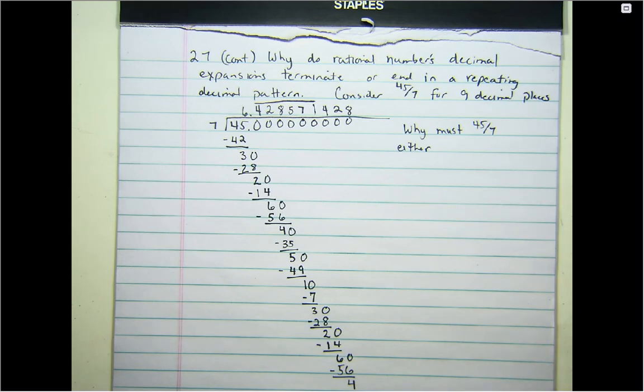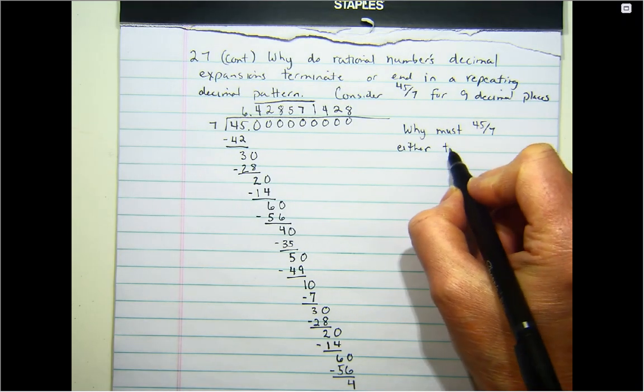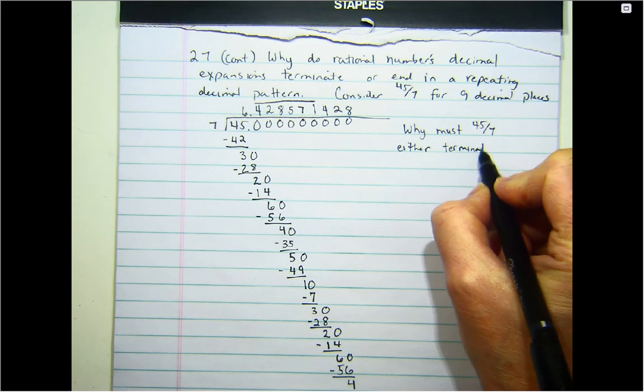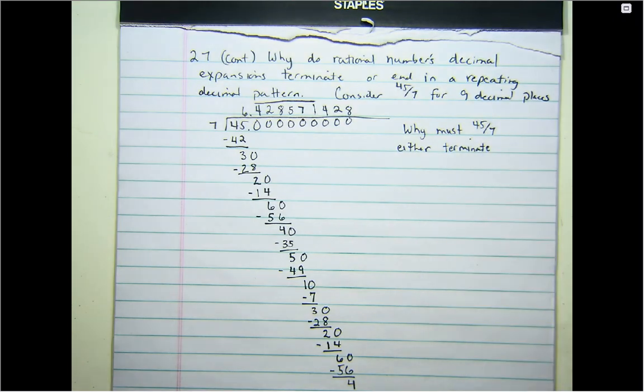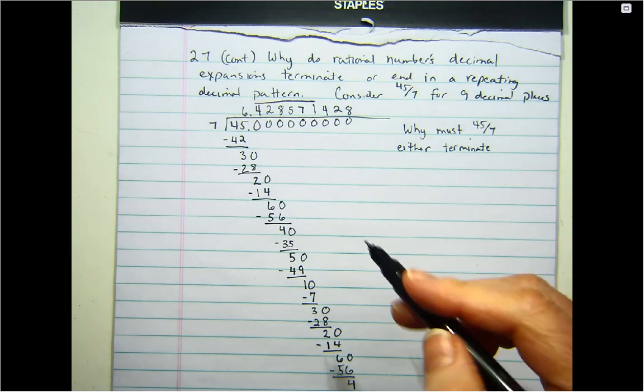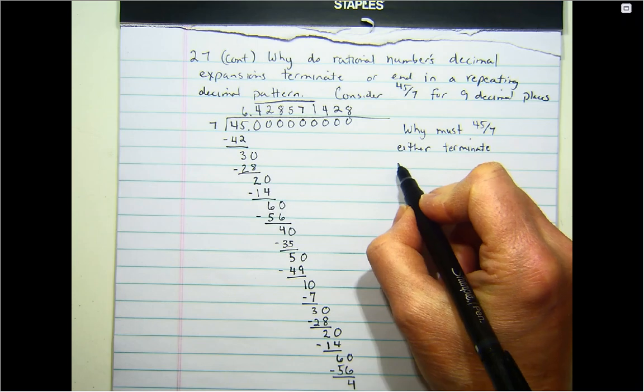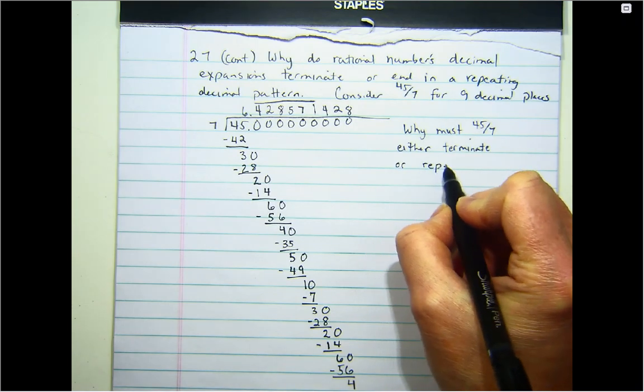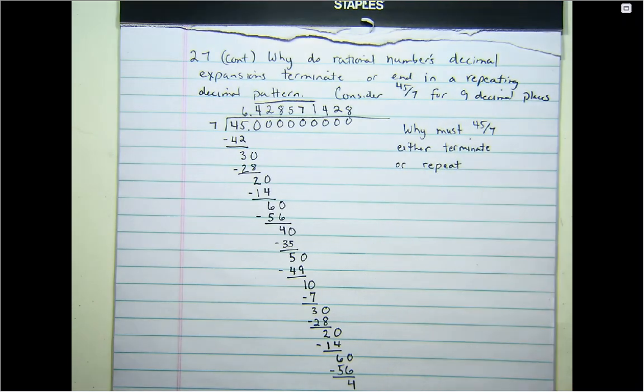Because what would we have gotten? 0. Yeah, we'd have gotten a 0. A remainder would have been 0 because we wouldn't have had anything left to divide with. Okay, but instead it's repeating. Did anybody see why it's repeating?